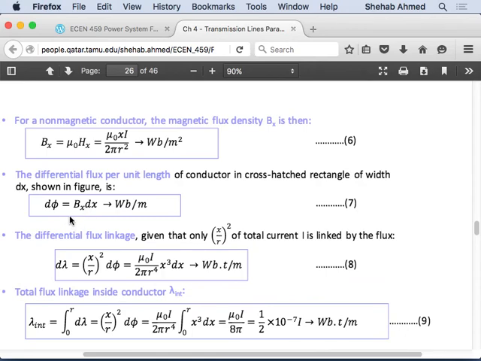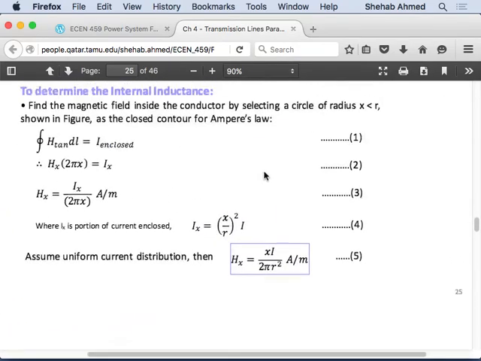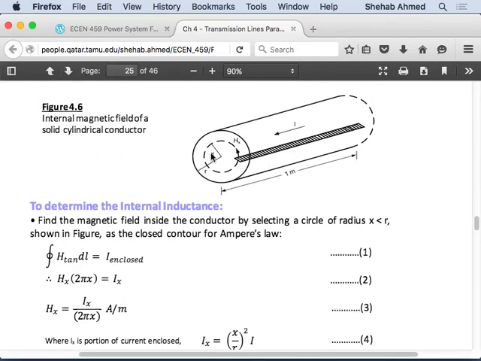Before I perform this integration, I also need to look at, is this flux linking the full conductor, or is this flux linking a smaller portion of the conductor? Since I'm talking about internal, this x here is still internal to the conductor, right? It's not linking the full conductor outside. It's linking this portion of the conductor at a radius less than r.